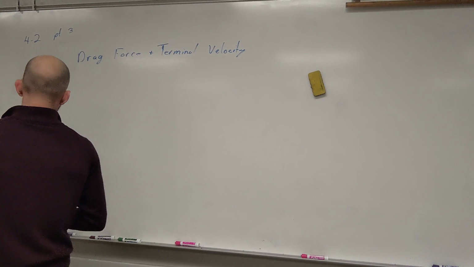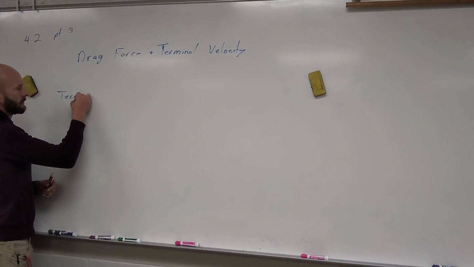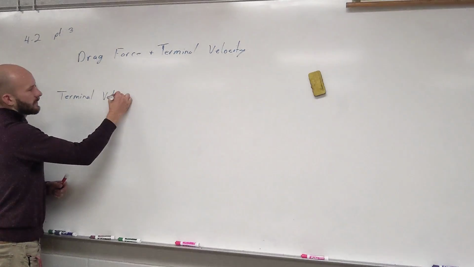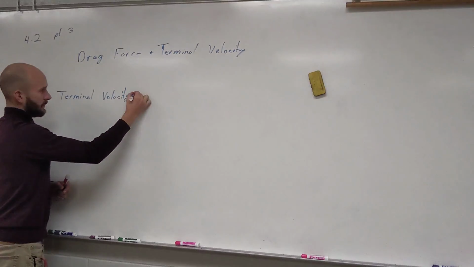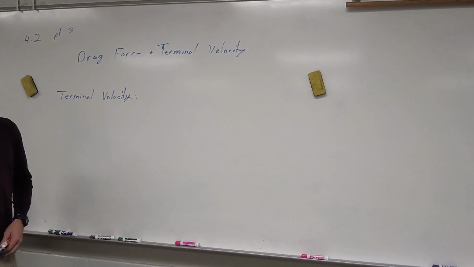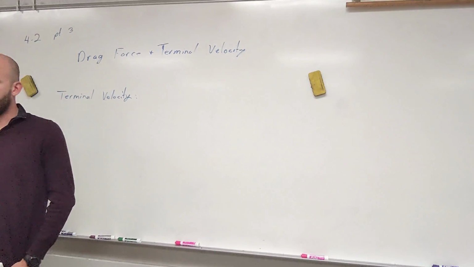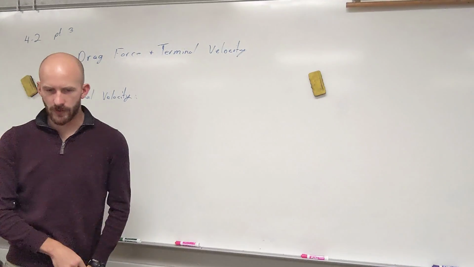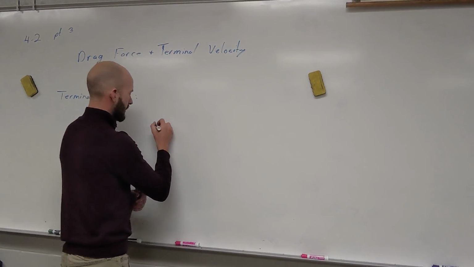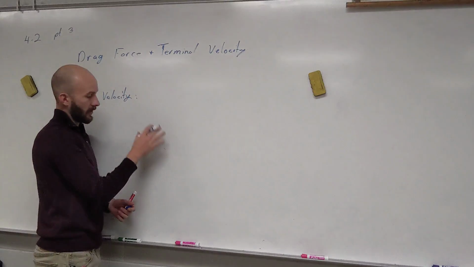So the next thing that we're going to take a look at is terminal velocity. Okay. So terminal velocity is the constant speed that a falling object reaches. So if you imagine, say, a tennis ball falling, or any falling object.